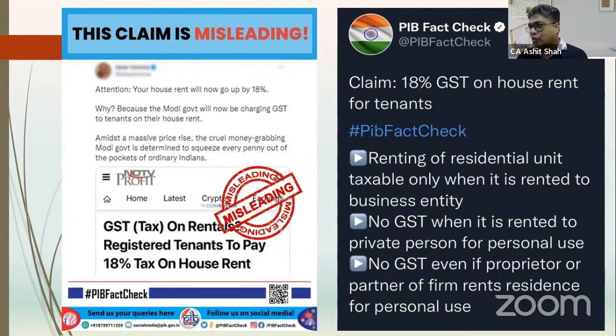Okay. So the important thing: if a person is registered, then he has to pay the tax under reverse charge mechanism. Now, to claim the input tax credit, sections 16, 17 and 18 are relevant. Section 16 says that the input has to be used in the course or furtherance of business.